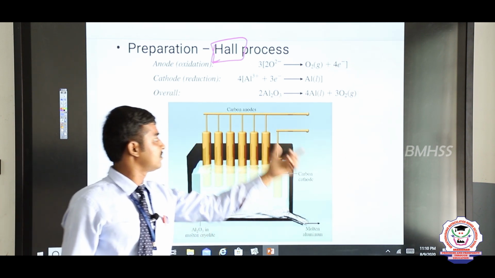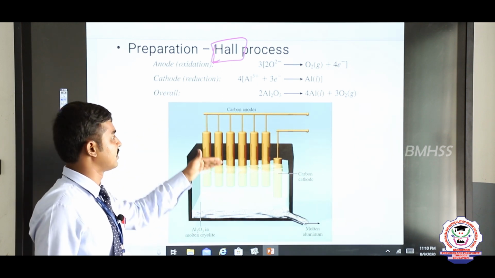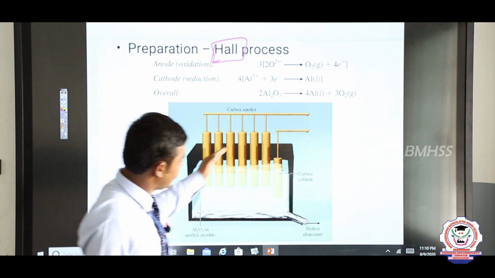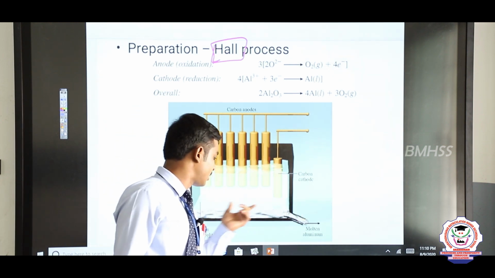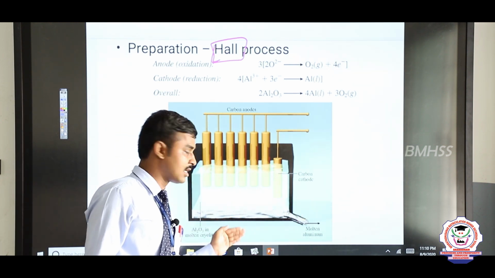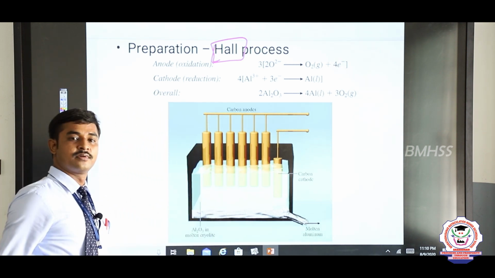In this aluminum electrochemical process, the anodes are carbon and the cathodes are also carbon, and the molten aluminum settling down is collected alone. This is the experimental diagram of Hall's process.